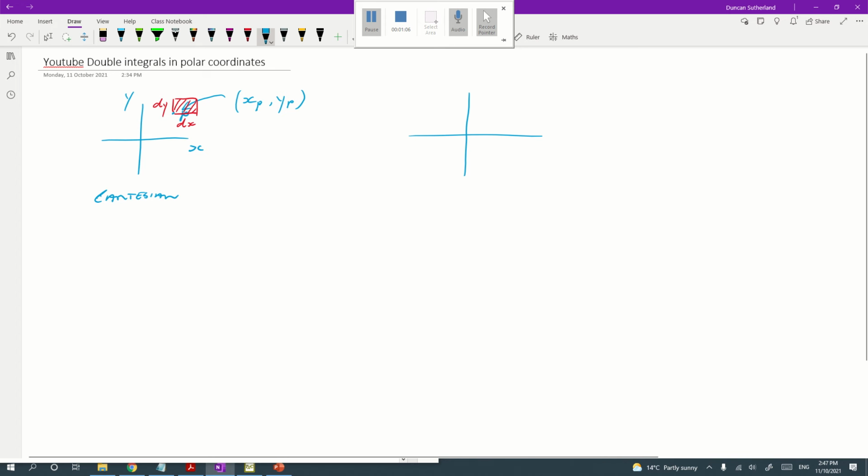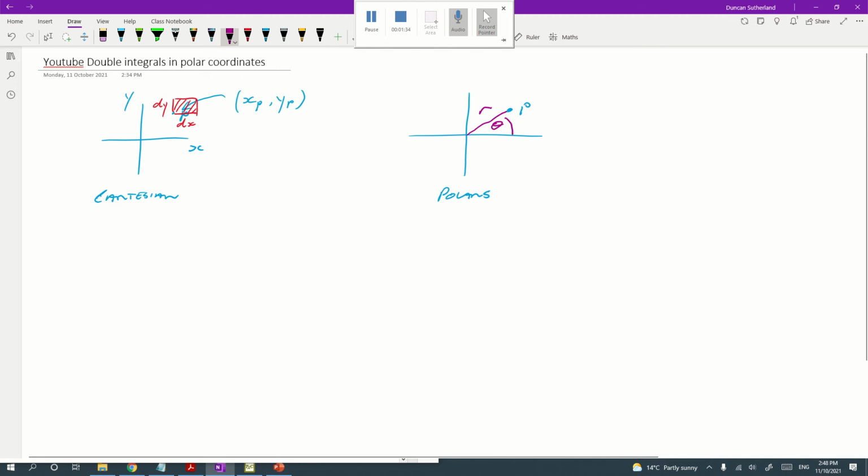You still have, if you like, you can put in the Cartesian axes. You still have point P at the same point, right? Can be xP, yP in Cartesians. But what we do instead in polar coordinates is we describe it by this distance r and this angle theta.